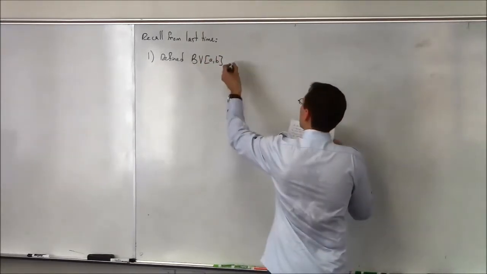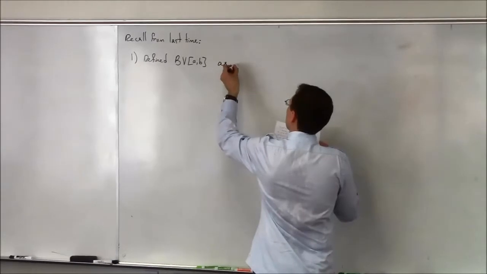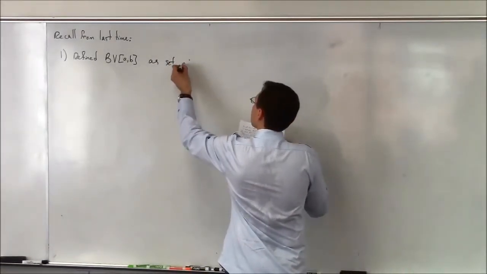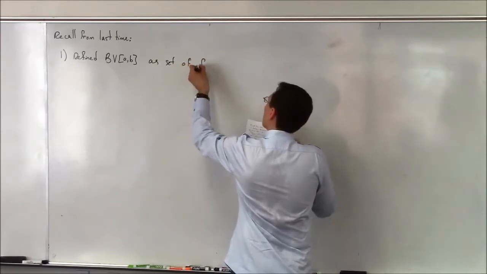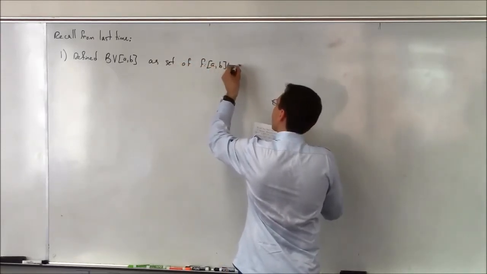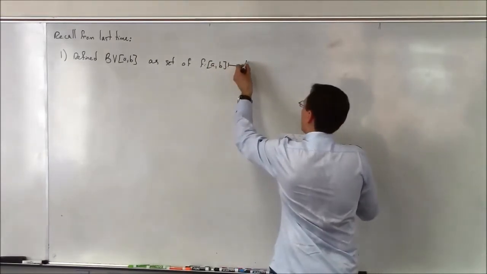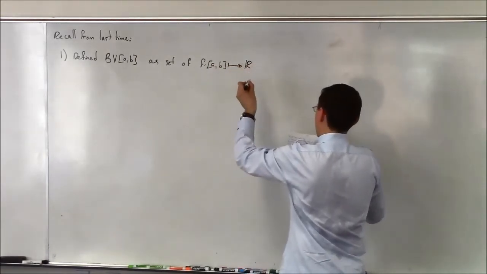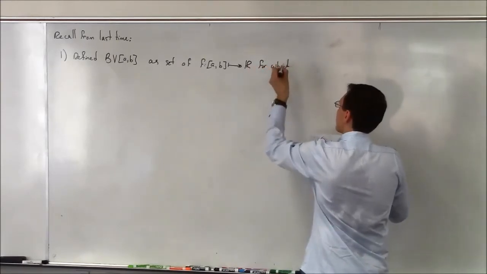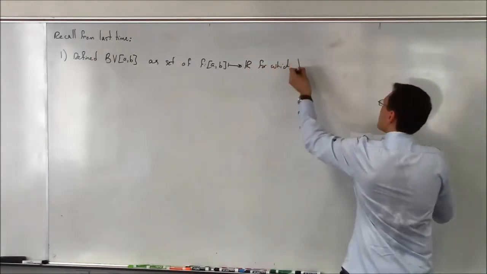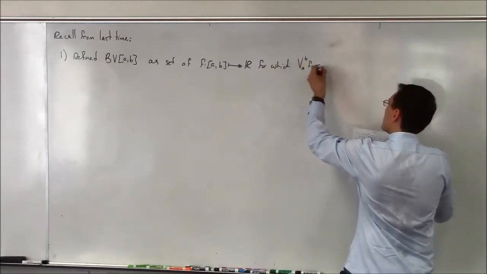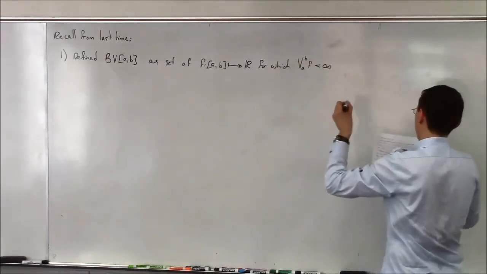It is a set of functions from [a, b] to R for which the total variation is less than infinity.